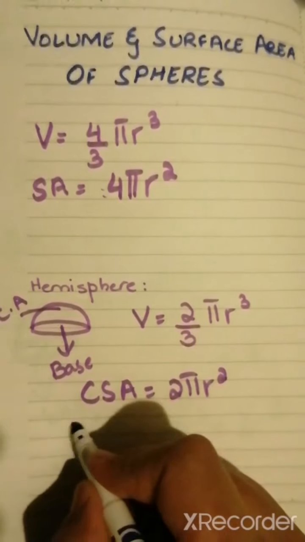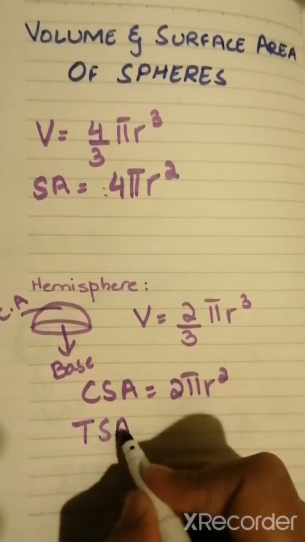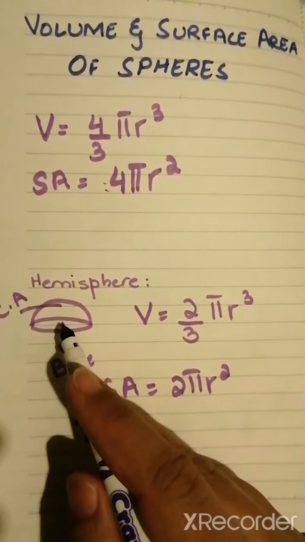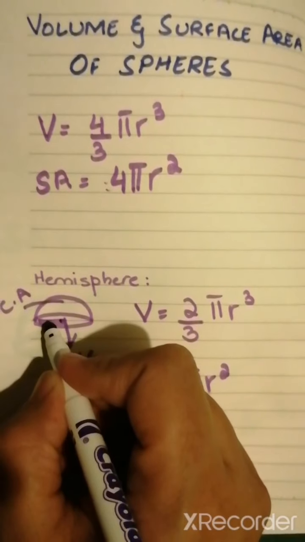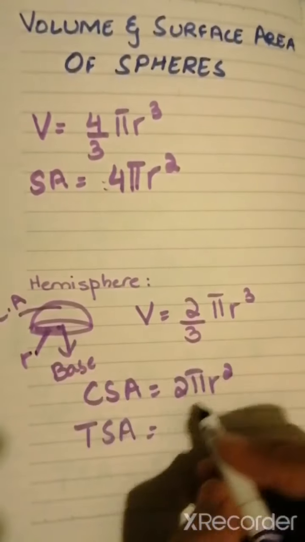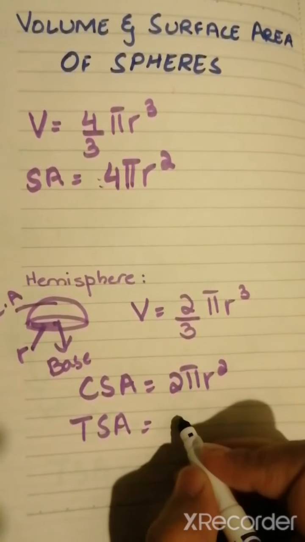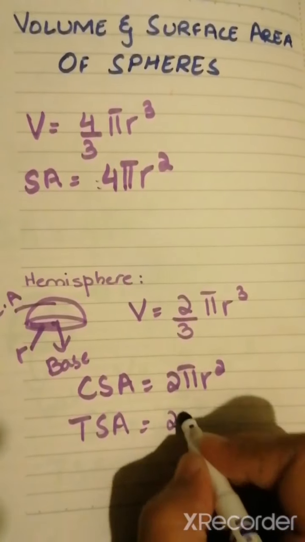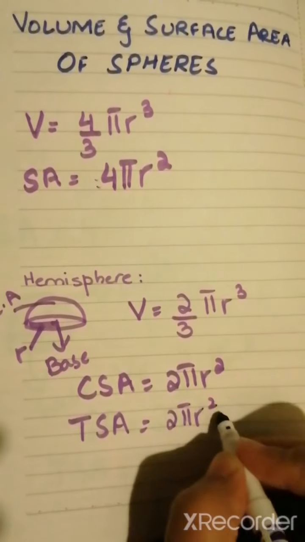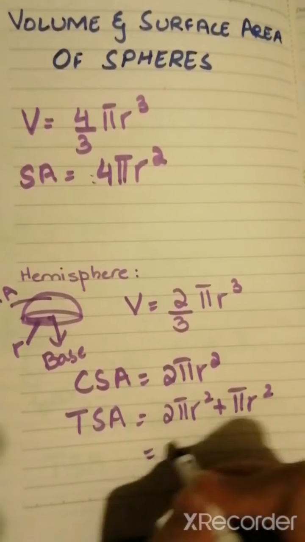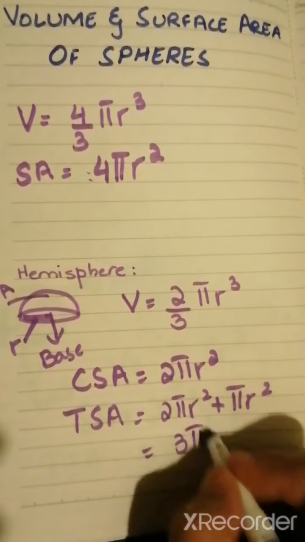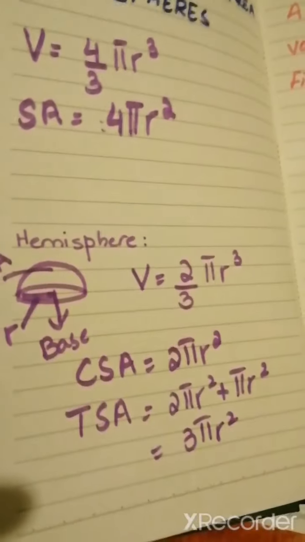In order to find the total surface area, the base of a hemisphere is a circular base, and here we have the radius. So the total surface area is going to be 2 pi r square plus pi r square, which makes it 3 pi r square.